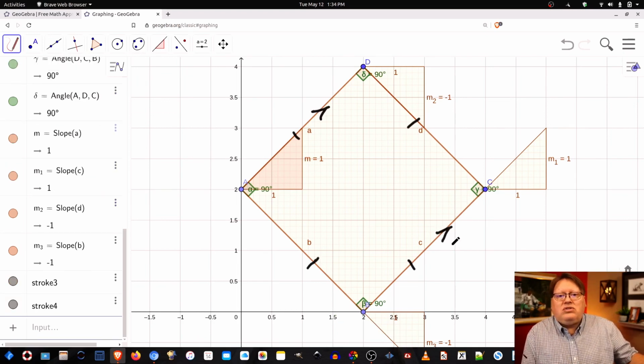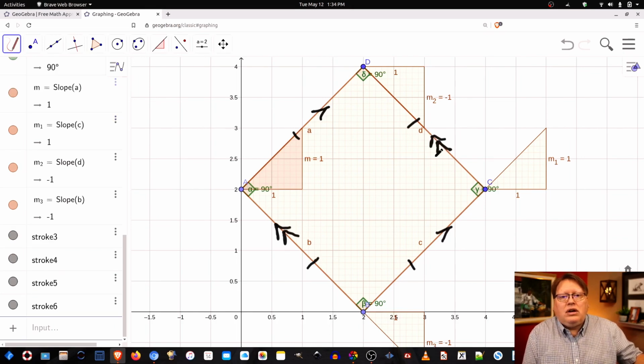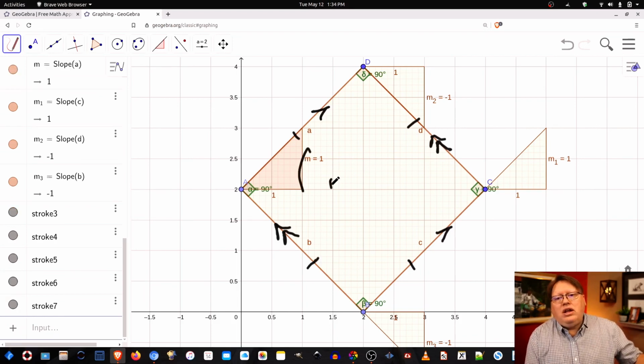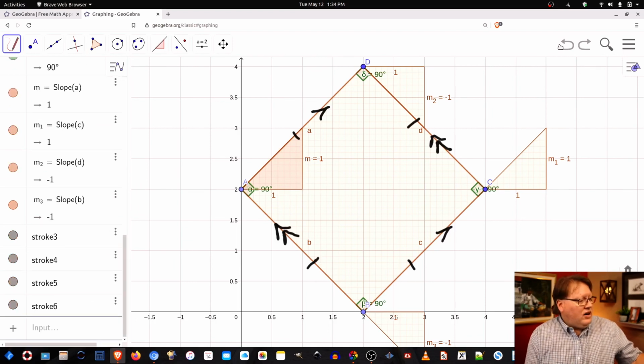Single arrows on opposite sides tell you that those are parallel, and then I'm going to mark these as parallel using a double arrow. All right. So that tells me I have opposite sides parallel, and I'm so sorry, we have an undo tool up here. We're going to make stray marks. All right. So what we have here is indeed another square.